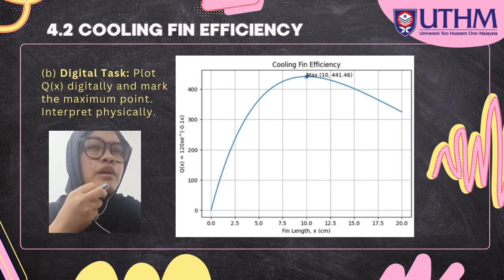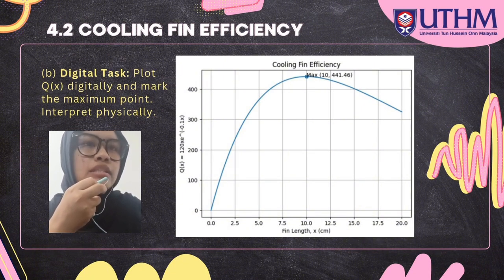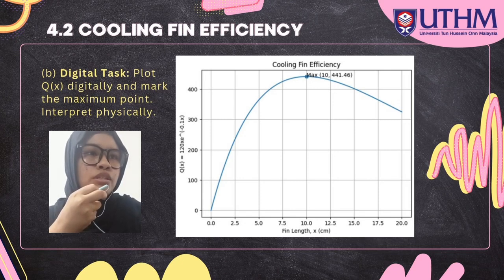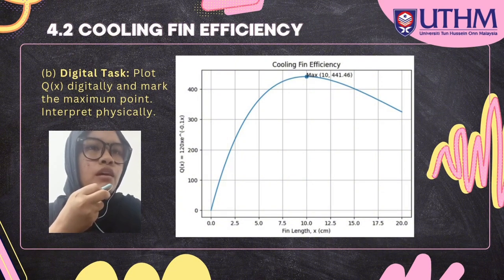So q prime of x equals 120 e to the power of negative 0.1x times (1 minus 0.1x), and then after that we set q prime equal to 0.